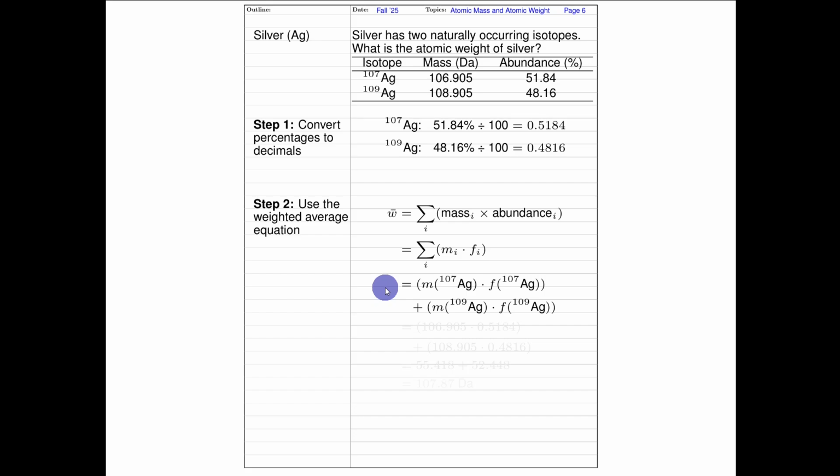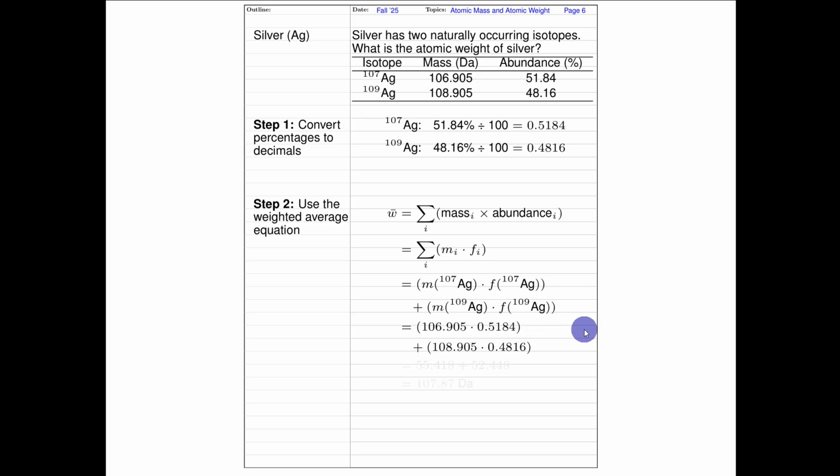I take the first isotope, which is silver 107. I multiply the mass of the first isotope, silver 107, by the fractional abundance of the first isotope, silver 107. And then I add that to the mass of the second isotope, which is silver 109, multiplied by the fractional abundance of the second isotope, silver 109.